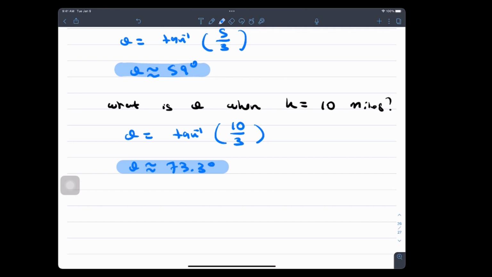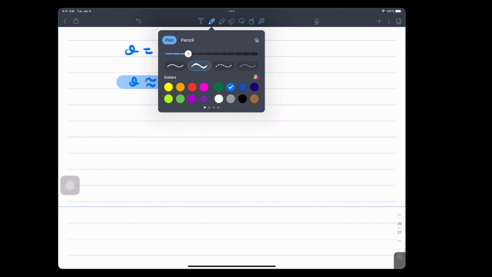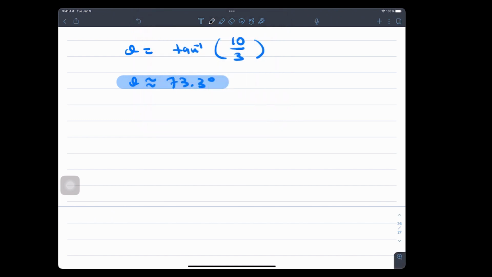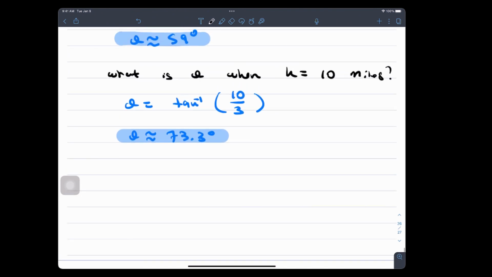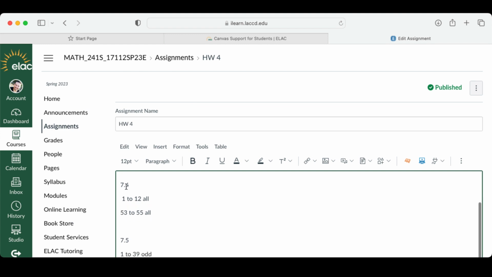Anyway, I'm just looking at a few things here. All righty, ladies and gentlemen. Here's the deal. I'm going to double check something here for you guys in Canvas. I'm going to adjust your homework on 7.4 inverse functions.